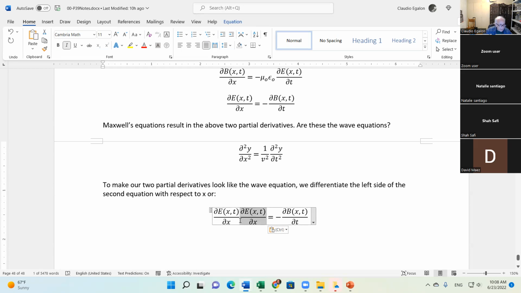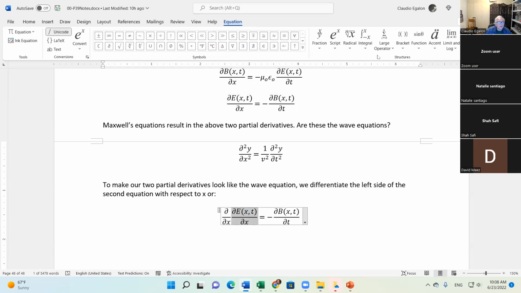We get that. I'm going to remove this one here. I'm going to put that between parentheses, and we apply this operator, d/dx.